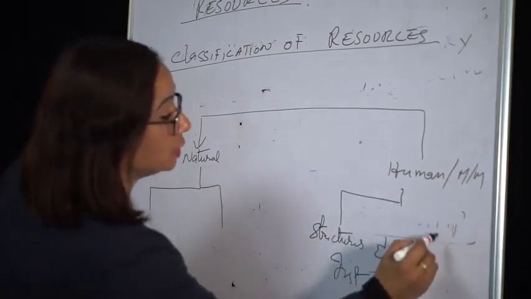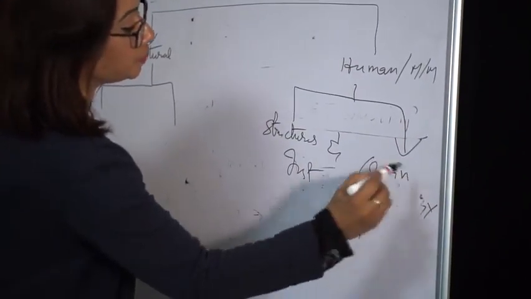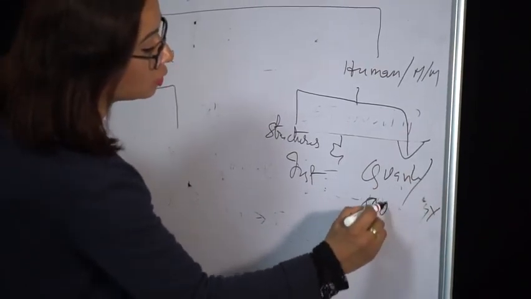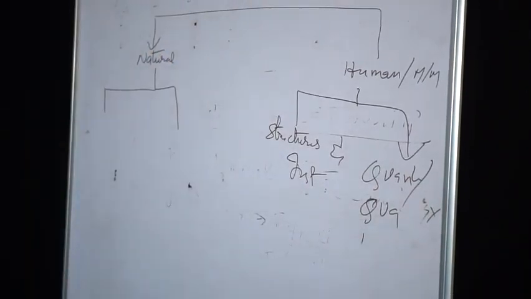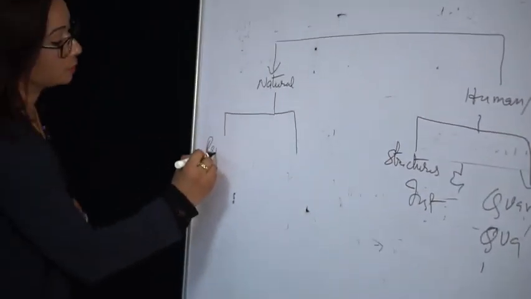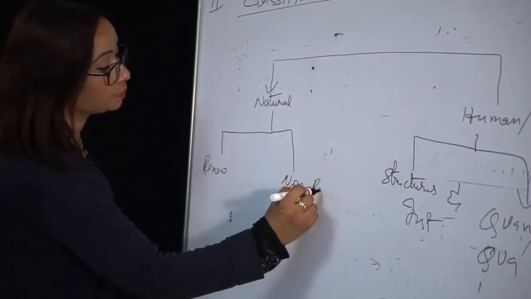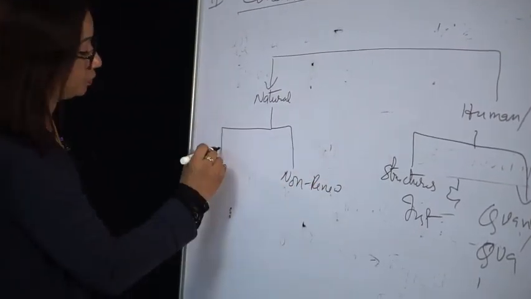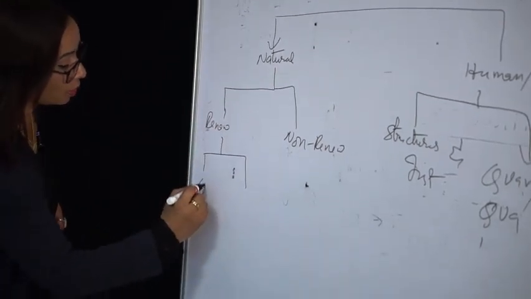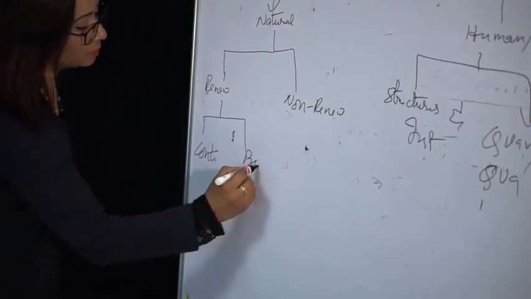And here we will see quantity and quality of the things that are developed. Natural we will see as renewable and non-renewable. Renewable again is divided into continuous and biological.